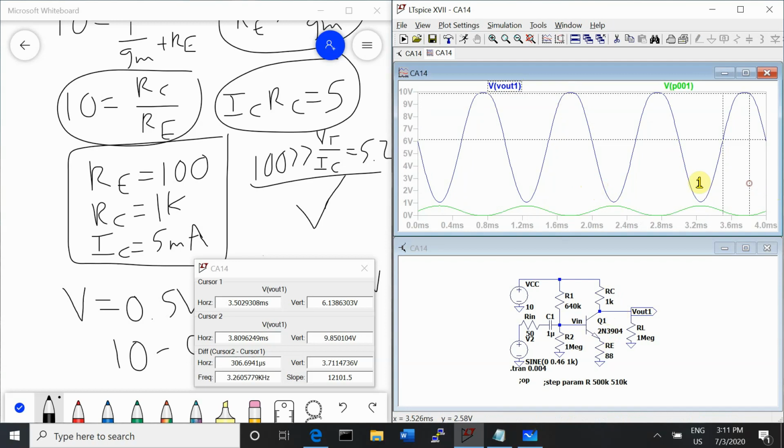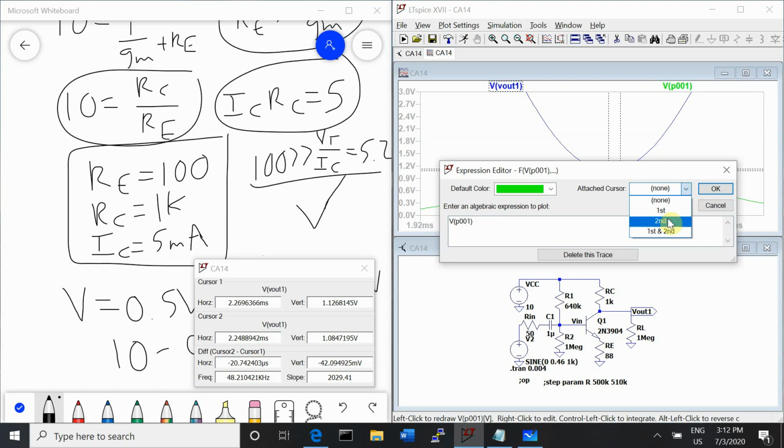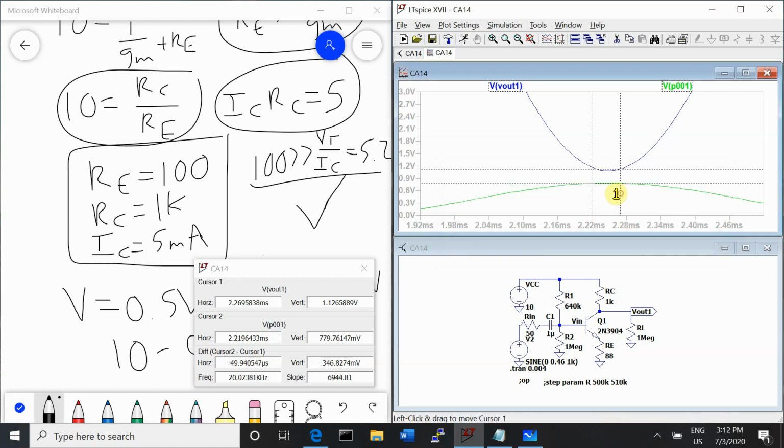I'm going to move this into the picture real quick, just so that when we zoom in we don't lose our cursors. Now we're going to look at the closest point and make sure that we keep our 0.3 volts that we need. I'm going to move one of the cursors to the other one.